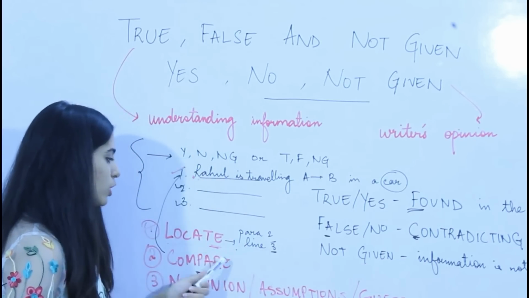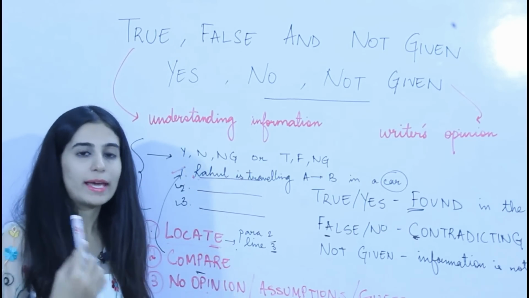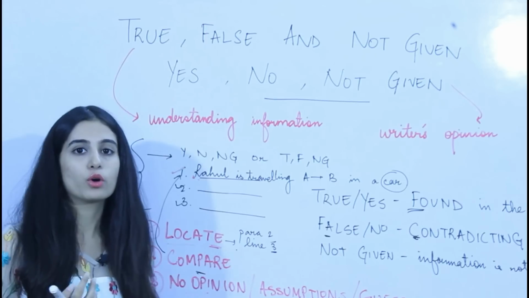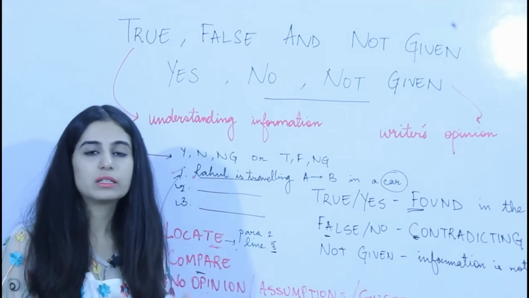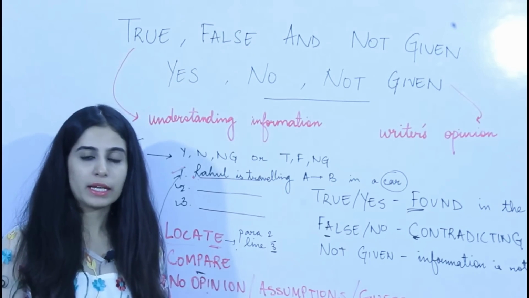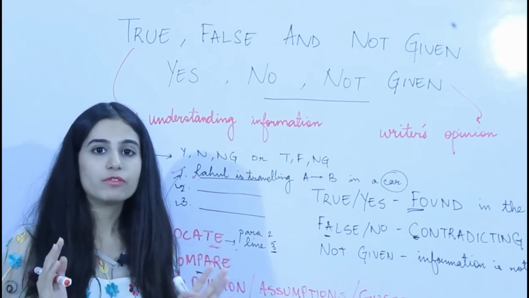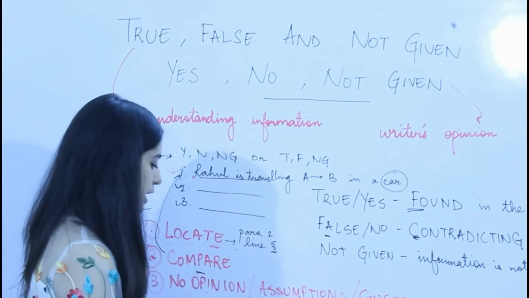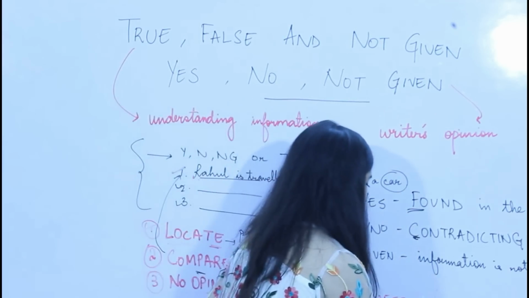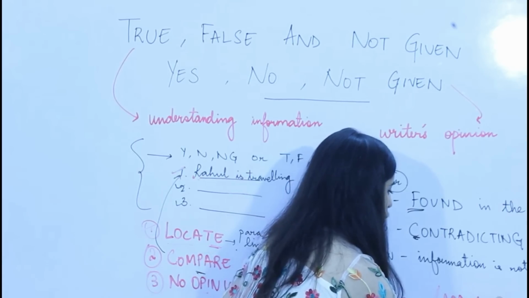Third is that while you're comparing, you don't have to put any assumptions or guesses or opinions from your own end. Just read the passage or that particular sentence with a neutral mindset, without any biases or without adding any further information. So another thing that you can add here is, do not add information from your own end.